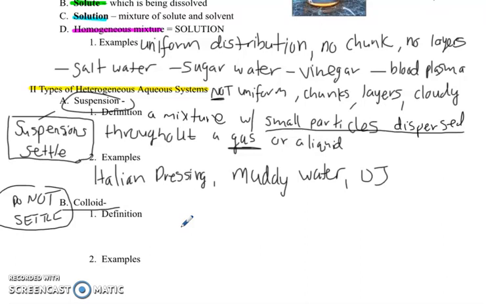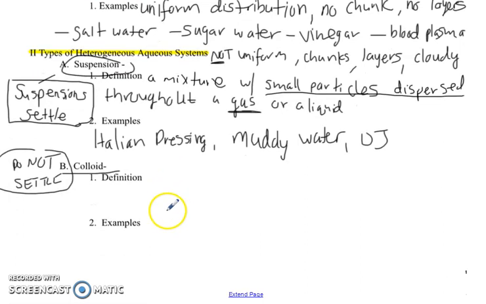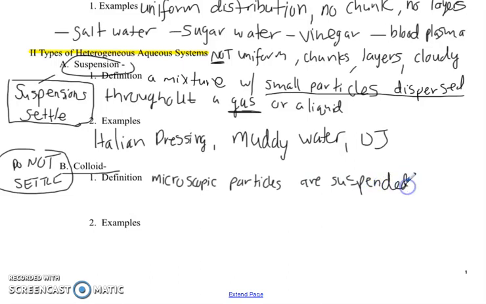That is really long. I'm going to try and shorten that for you. So we're going to say microscopic particles are suspended throughout, and we say either don't or won't settle.